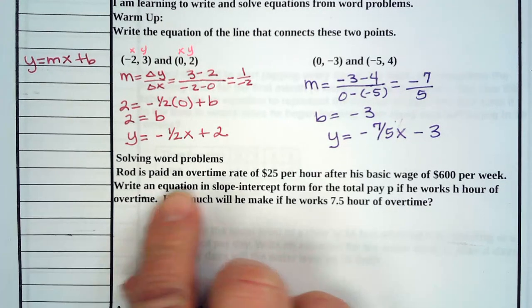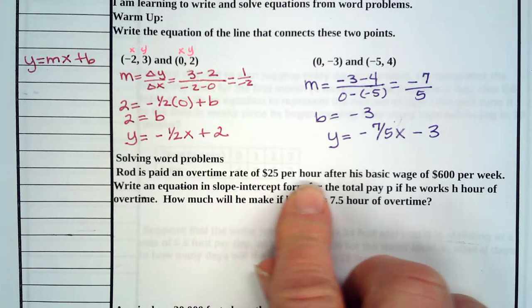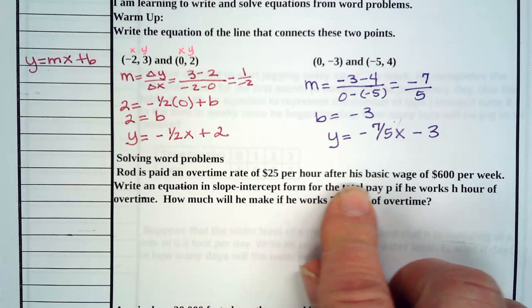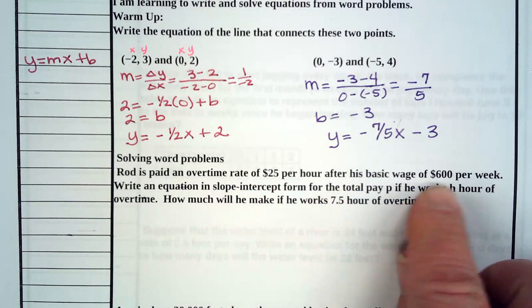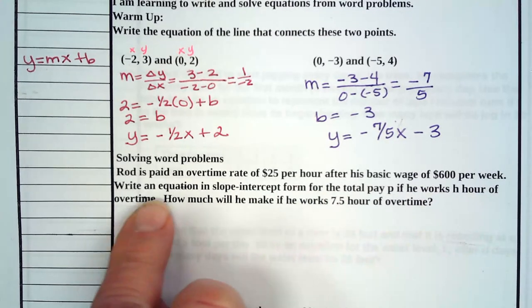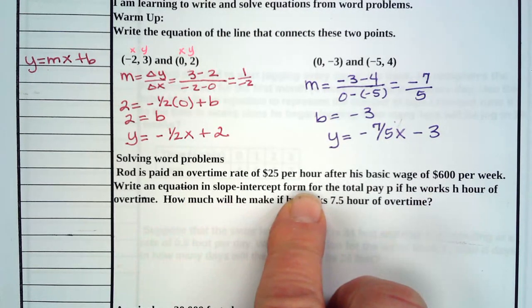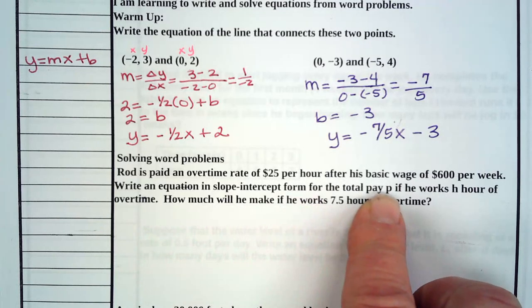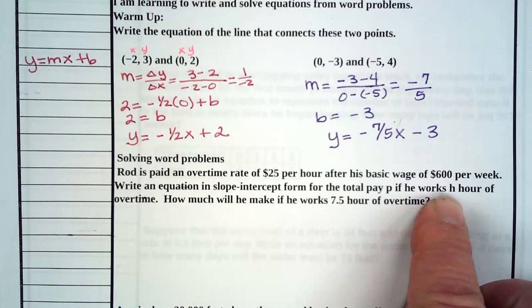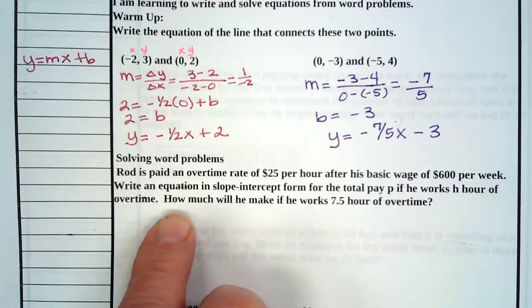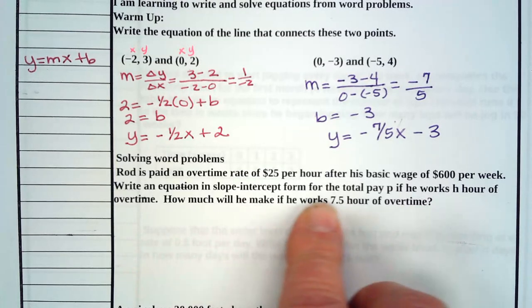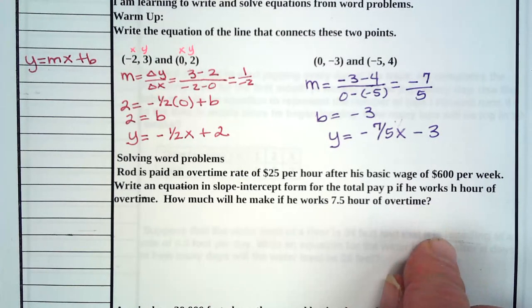Rod is paid an overtime rate of $25 per hour after his basic wage of $600 per week. Write an equation in slope-intercept form for the total pay P if he works H hours of overtime. How much will he make if he works 7.5 hours of overtime?